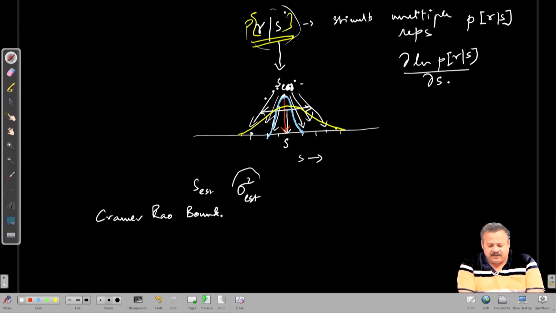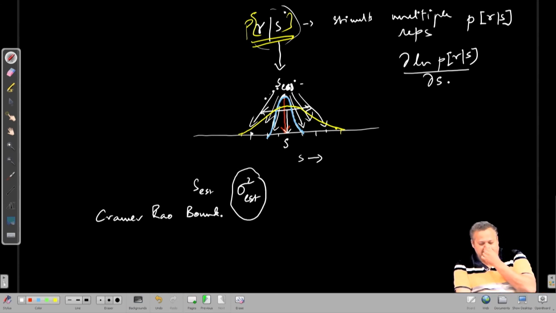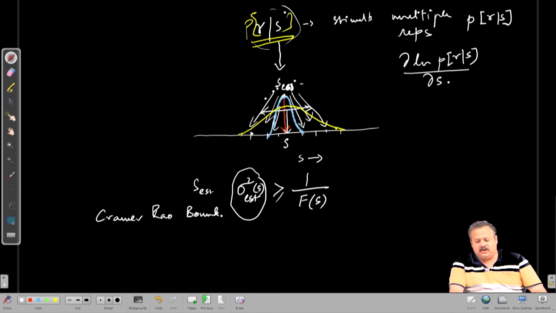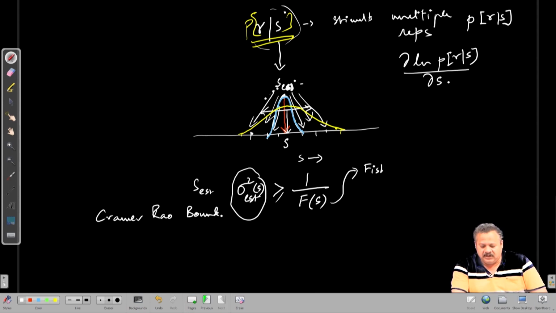That is, this sigma square estimate, the variance in the estimator, is greater than or equal to 1 over F(S). So, this is also dependent on S. That is the Fisher information. This is called the Fisher information.